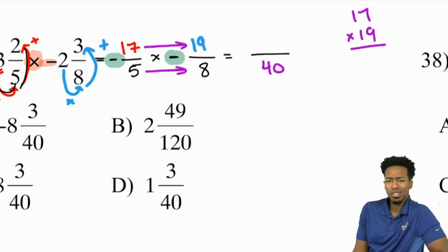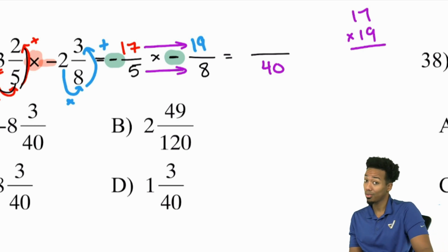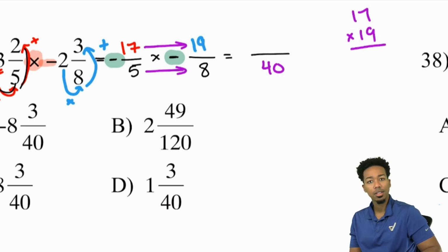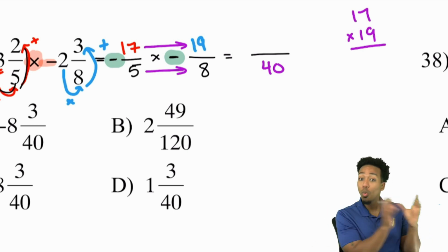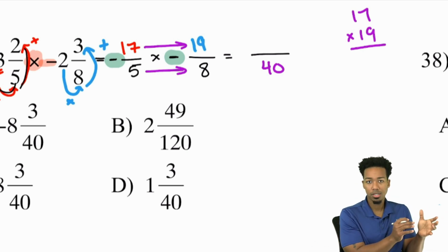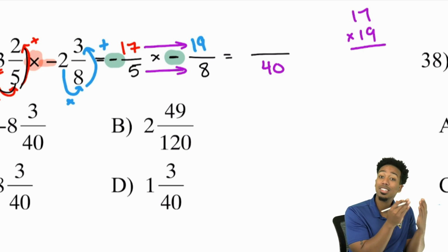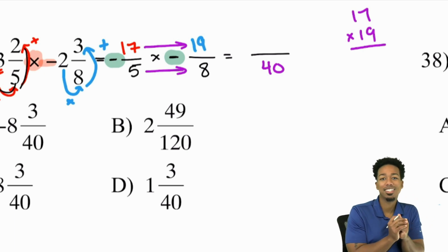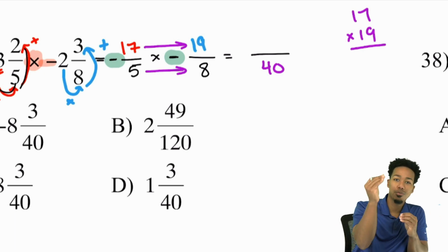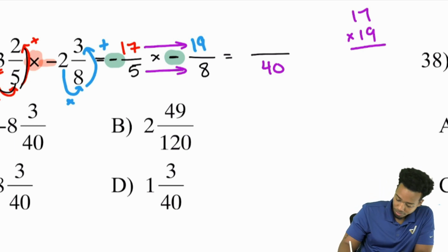So let me just do 17 times 20, which is 340. Then take away 17, because I multiplied by 20 of those 17s, so let me take one of those 17s away to make it 19. You're going to have yourself 323.